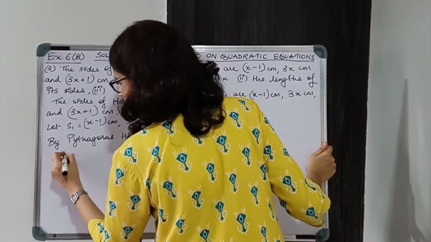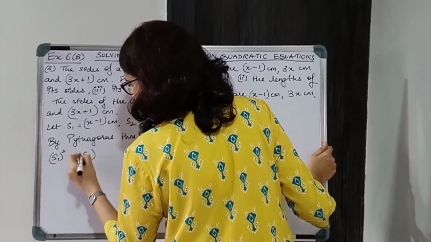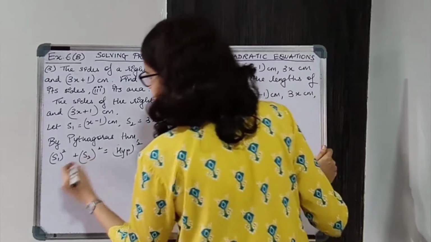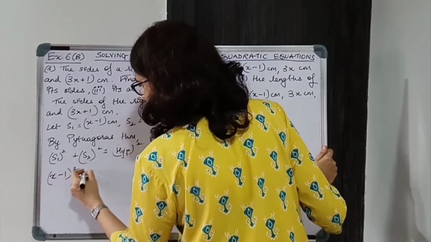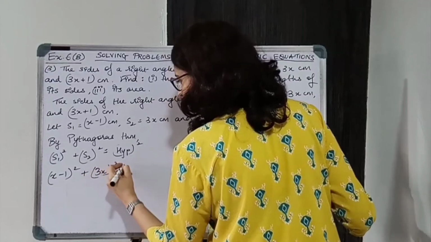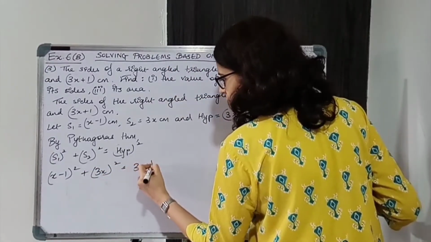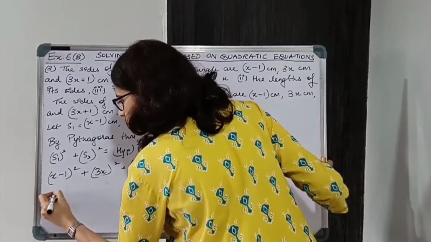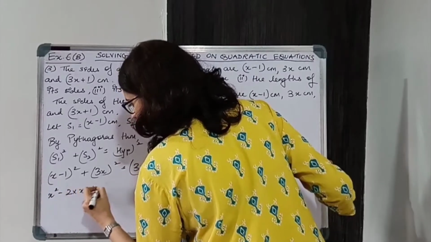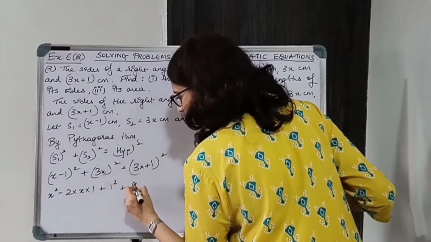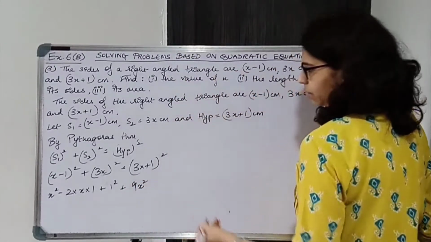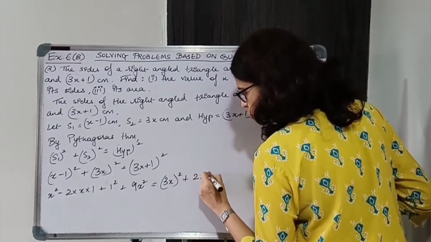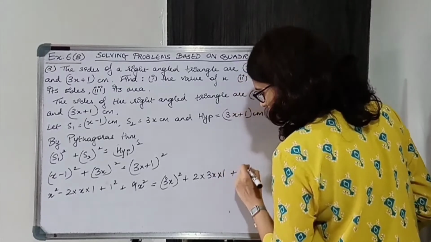we know S1 square plus S2 square is equal to hypotenuse square. Okay, so this is x minus 1 square, 3x square, hypotenuse is 3x plus 1 square. a minus b the whole square, expand using the formula, a square minus 2ab plus b square. 3 square is 9, x square is x square, is equal to a square plus 2ab plus b square.